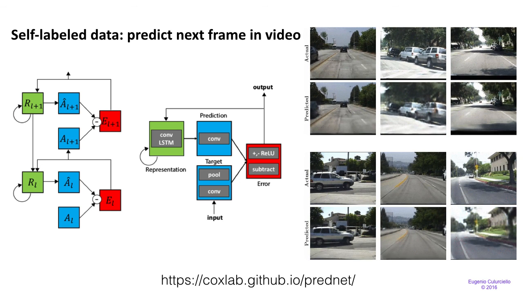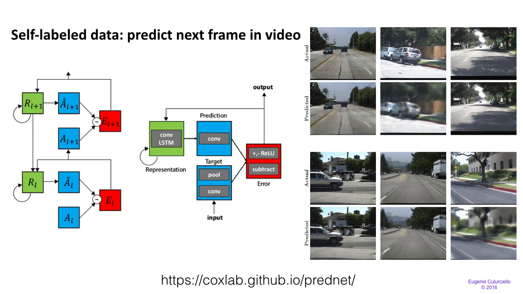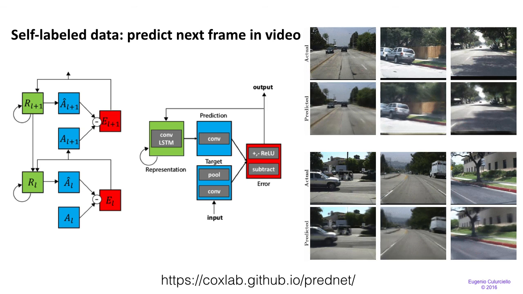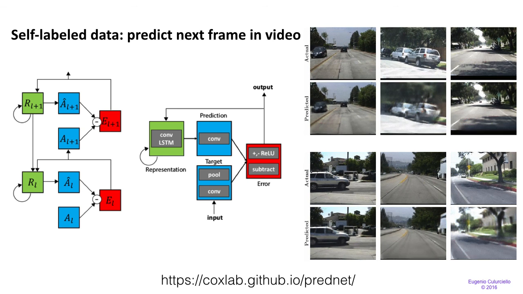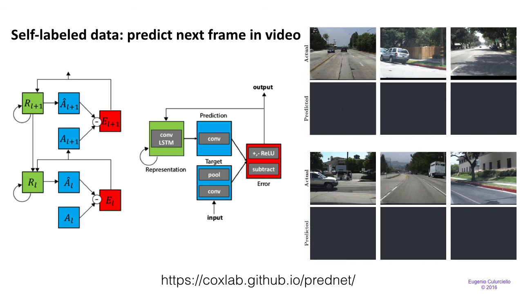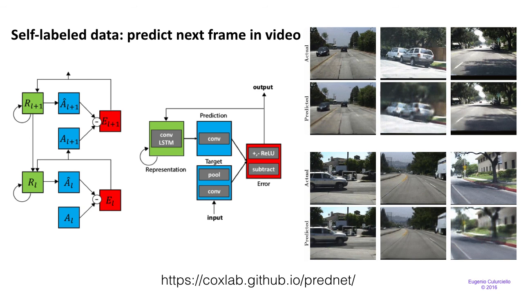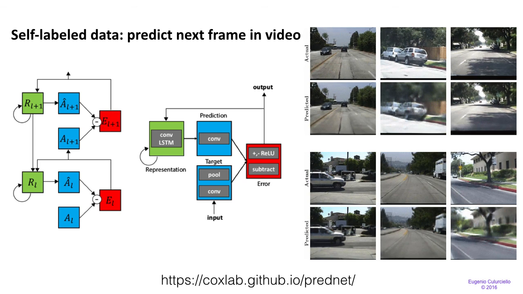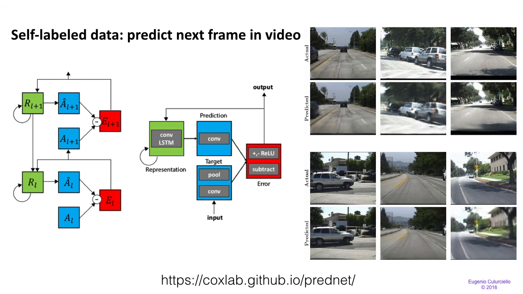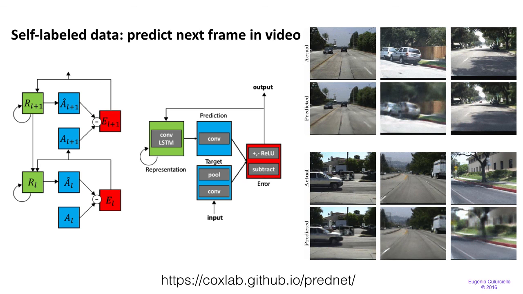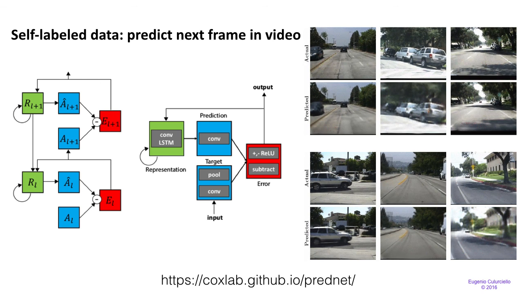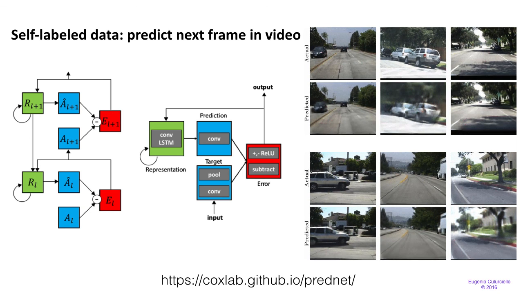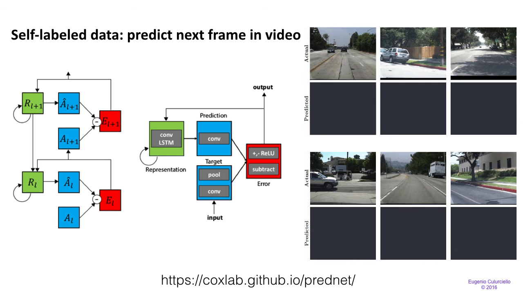This output goes to the next layer, but it also feeds back to a very important module, this green module, which is a convolutional LSTM module. So this basically combines a convolutional layer with a recurrent neural network. It's a recurrent convolutional layer of some kind that not only remembers sequences, it remembers something about the past. So this is a quite efficient representation.